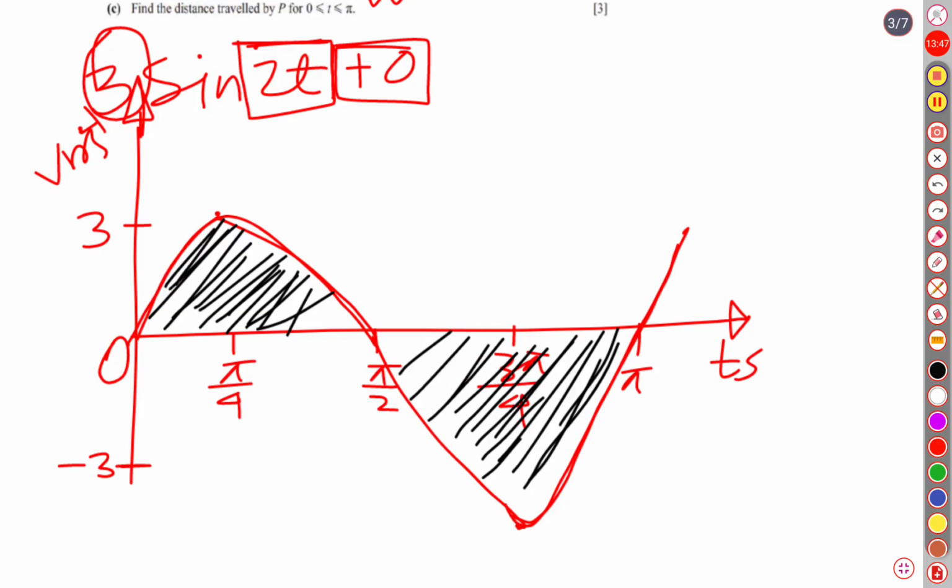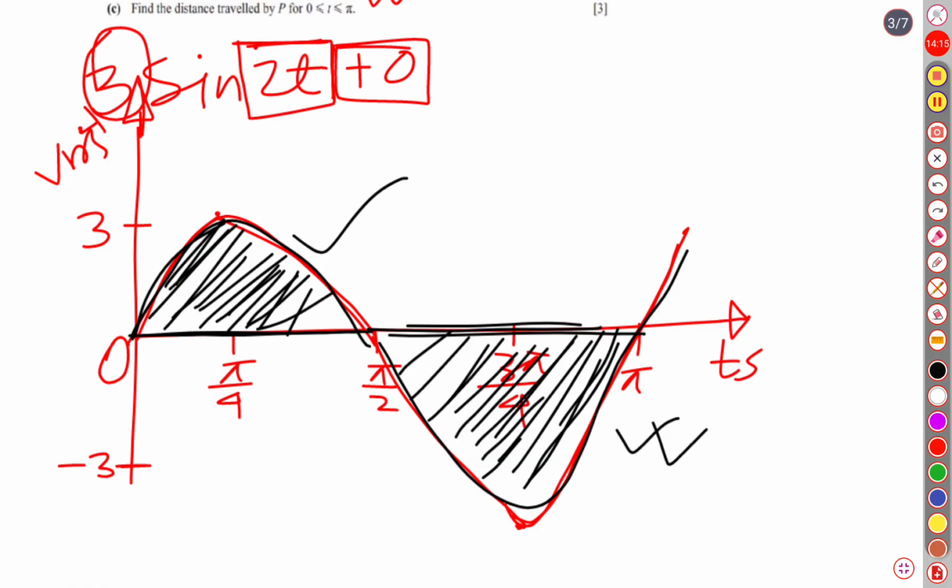Actually, this is not necessary to be drawn, but for your better understanding I am showing you that when the value of t is from 0 until pi over 2, the curve is above the x-axis, which means it will produce a positive value, but the portion which lies below the x-axis will produce a negative value.